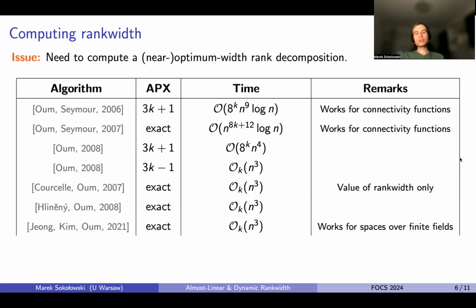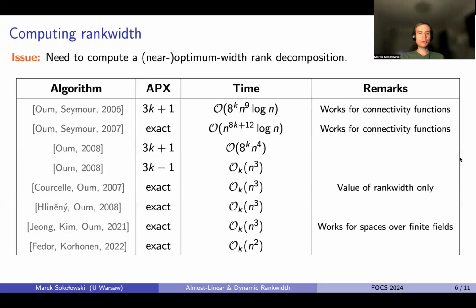And much later, this was generalized by Jeong, Kim, and Oum in 2021, who gave a cubic time algorithm that also worked in a more general context of spaces over finite fields. So it's a specific kind of connectivity function that describes somehow dimensions of various finite fields, and rankwidth can be cast as a problem of optimizing spaces over finite fields.